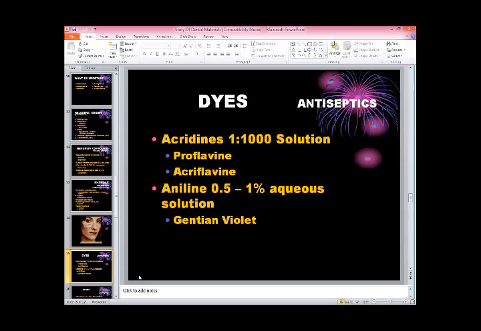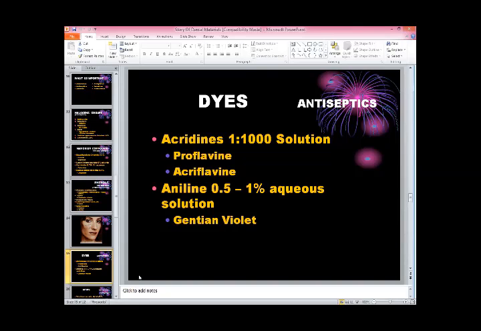They are very effective against gram positive cocci and gram negative bacilli. In oral cavity ulcerations, we have these types of bacteria, and these are very effective antiseptics when we are using them.